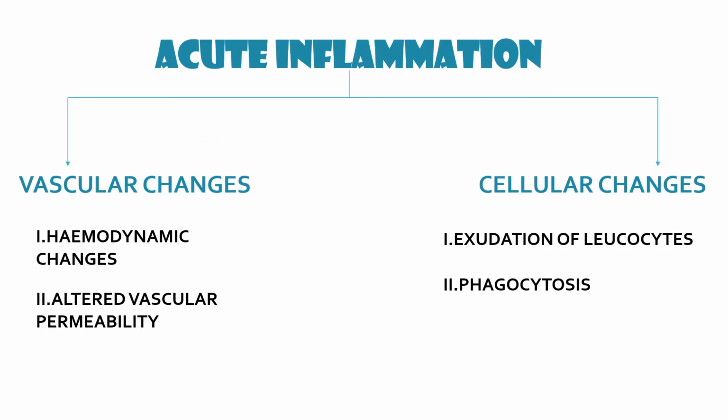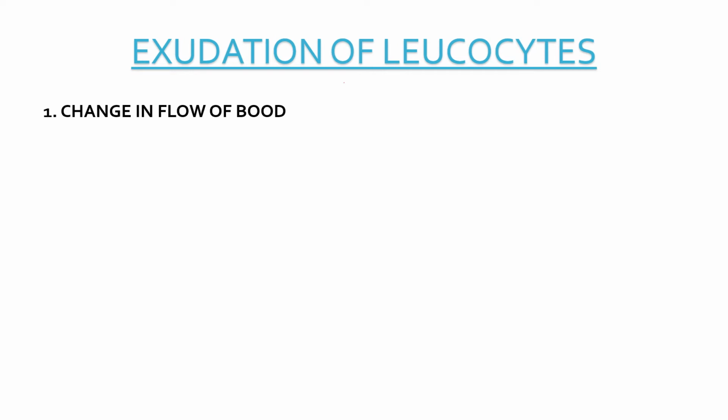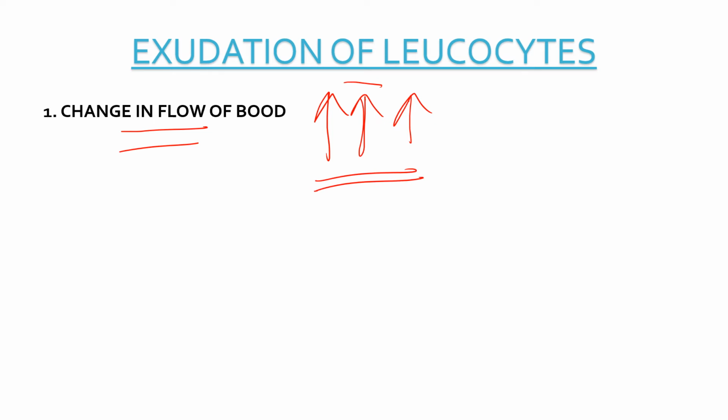Next is the cellular changes in our body. The first is exudation of leukocytes. In exudation of leukocytes, the first process that occurs is the change in the flow of blood. Basically, as we have seen in the hemodynamic changes, there is an increased flow of blood in the inflamed part.